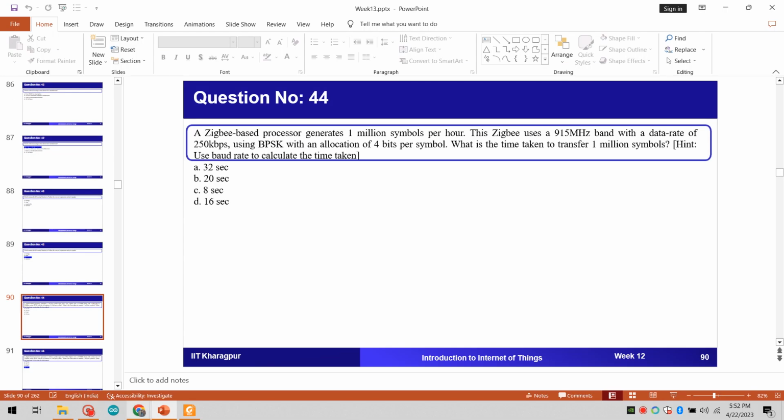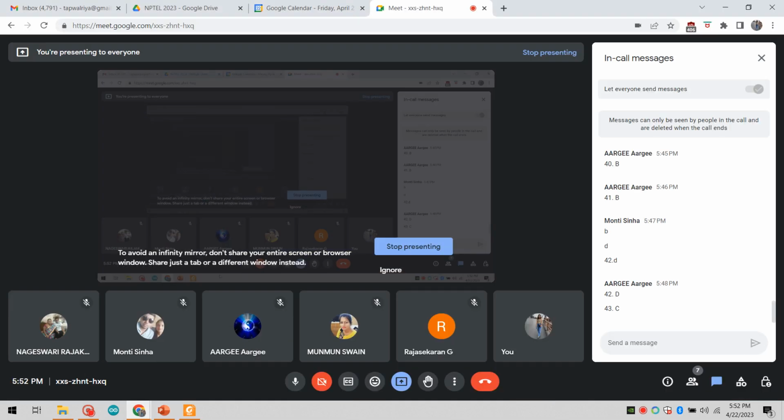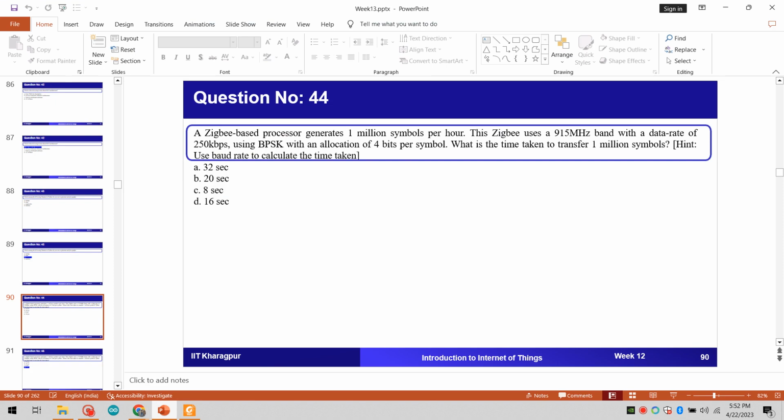Anyone has solved? See, then this is 44.